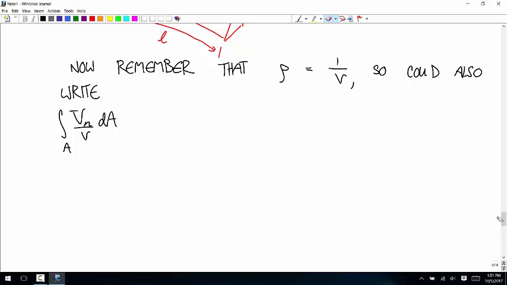Then you'd have to use this complicated form. We'll use a simpler form. Good news. It simplifies.